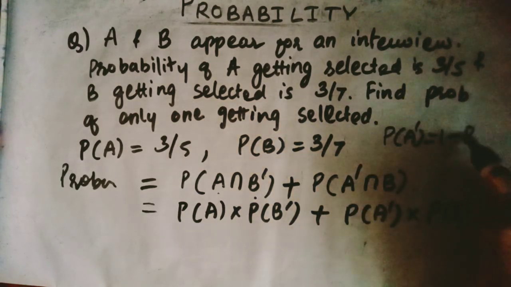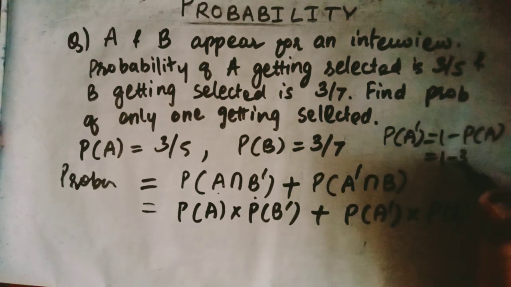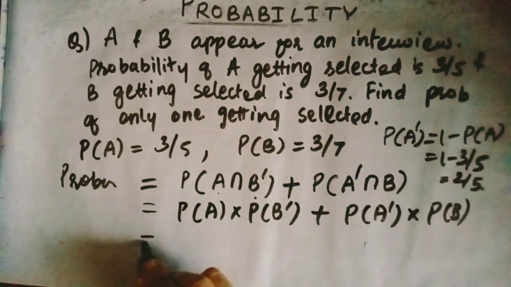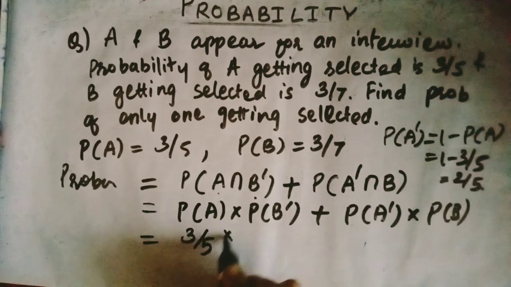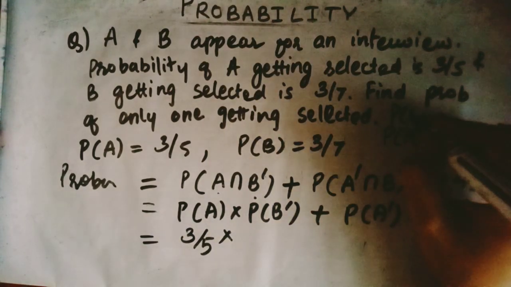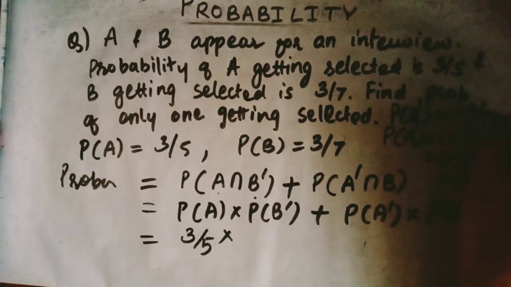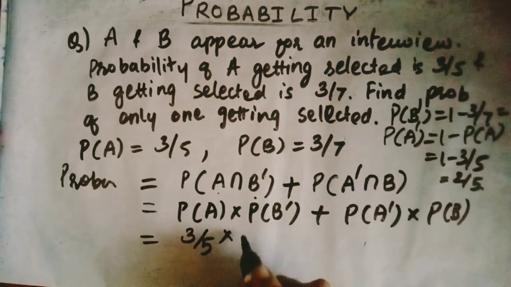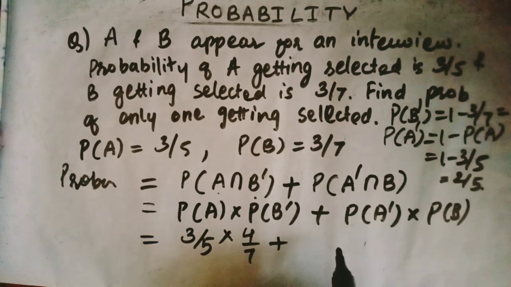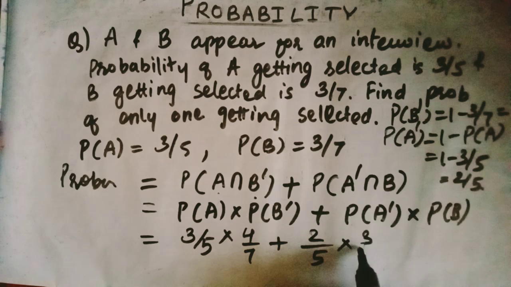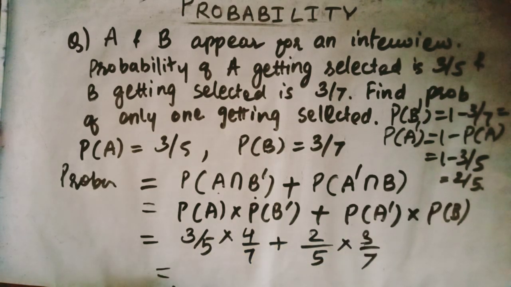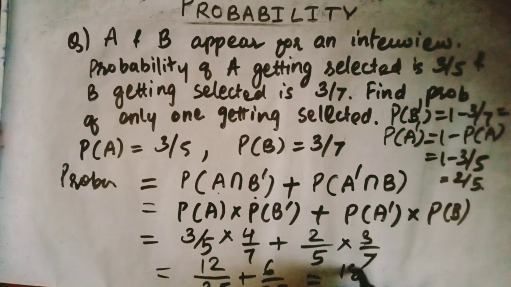It is 1 minus 3 by 5, so it will be 2 by 5. And P of B complement will be 1 minus 3 by 7, which is 4 by 7. So 3 by 5 into 4 by 7 plus 2 by 5 into 3 by 7. So this will be 12 upon 35 plus 6 upon 35, which is 18 upon 35.